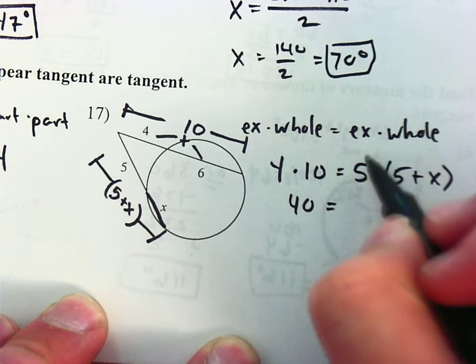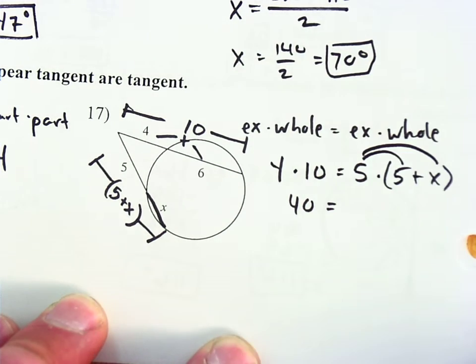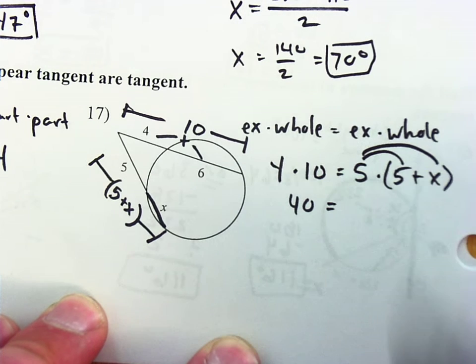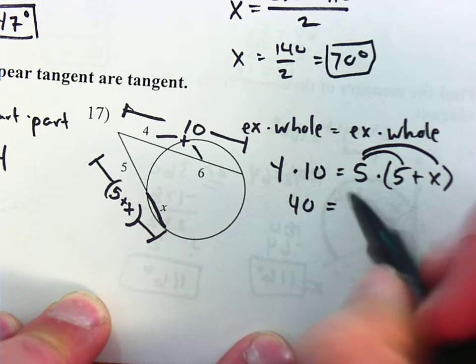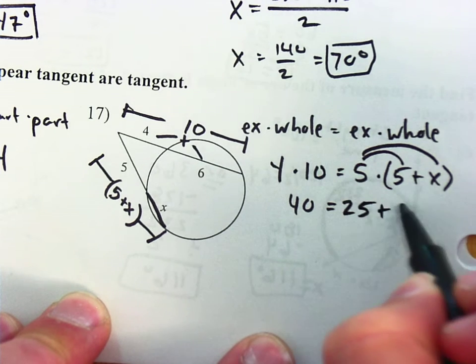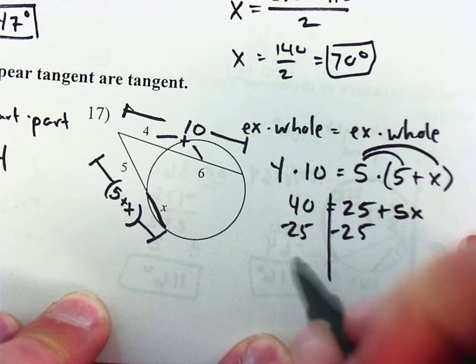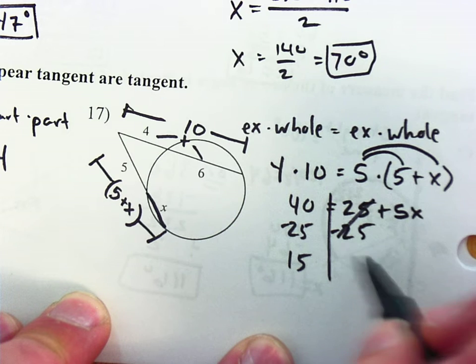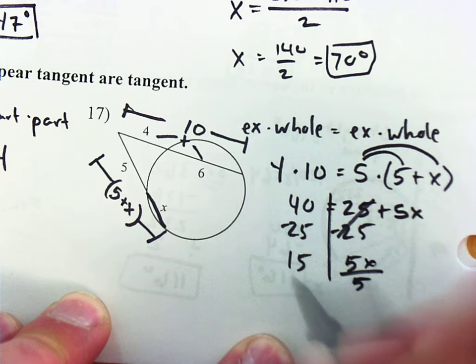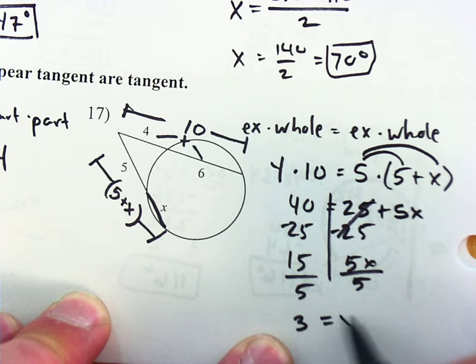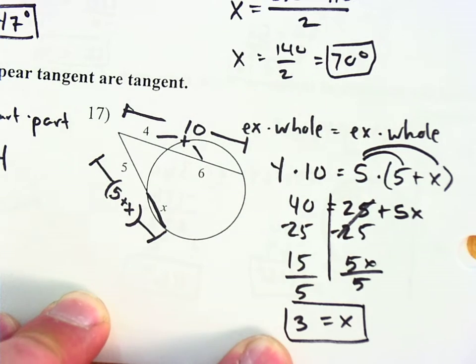Well, that's 40. Over here I need to distribute, and remember these rainbows or these lines just mean multiplication. So it'll be 25 plus 5x. And then we just solve for x. So minus 25, divide by 5, so 3 equals x.